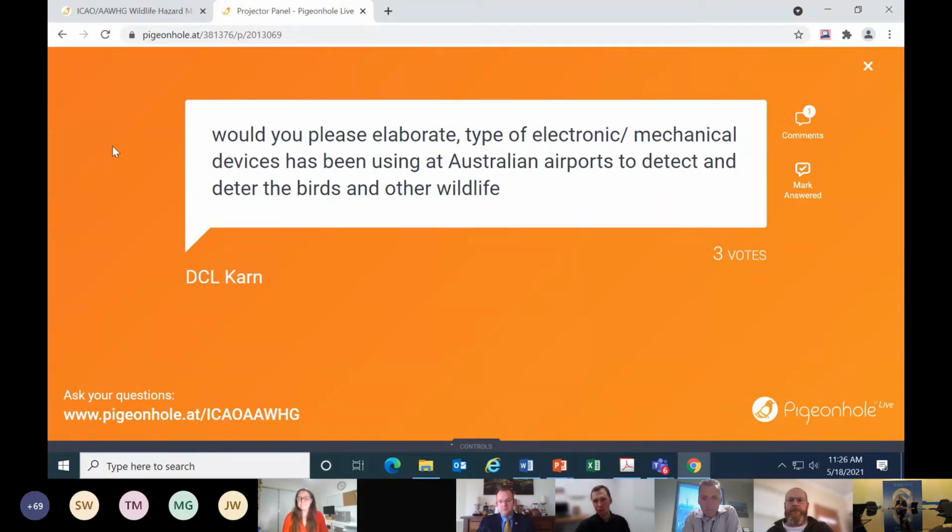And I might just jump in there as well, and I suppose the second part of that is the detection. Now, detection devices aren't commonly used in Australia, simply because we don't face the same challenges as some of the people in the Northern Hemisphere do with big flocks of migratory birds and the like.